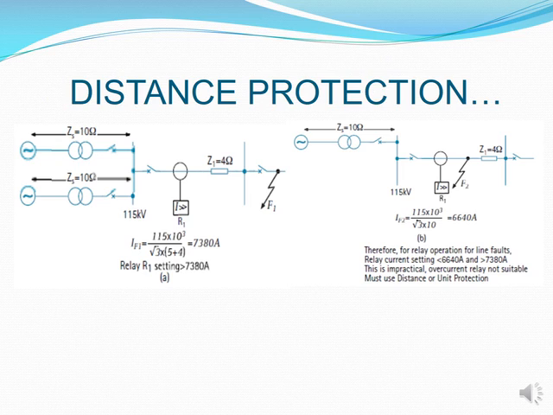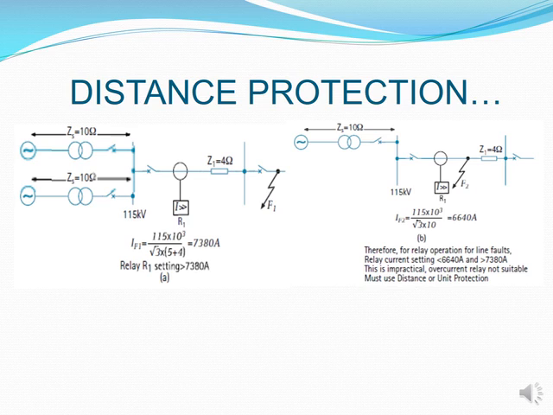Here is an example showing why the overcurrent system will not work for your distance protection. If you look on the left hand side, you will see that you've got two transformers feeding a line, and they have a fault that they've named F1.